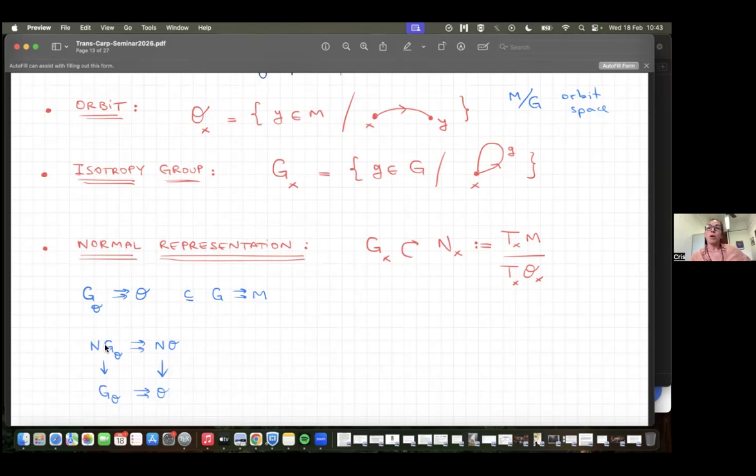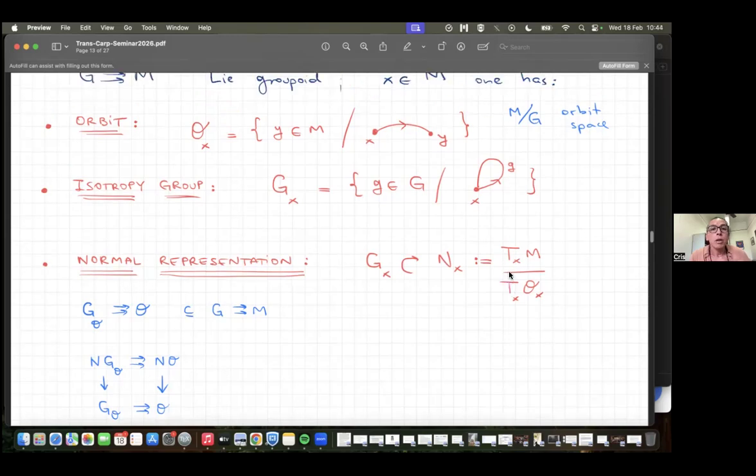If you compute the core of this, the core is 0. So the normal bundle to this restriction is a transformation groupoid defined by a representation of G_O on the normal bundle of the orbit. And if you look at how the units act, you will see this normal representation.